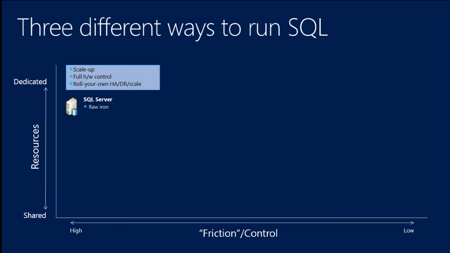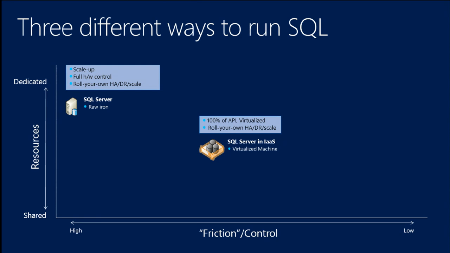It comes at a higher cost, obviously, because you have to control the hardware and do it all by yourself. You manage the whole system yourself. You set up the high availability, the disaster recovery, and you are essentially responsible for doing the scaling. And scaling here is a scale-up approach. If you reach your resource limits, you buy more cores or add more memory, stuff like that. So SQL Server on-premise is essentially like the raw iron.